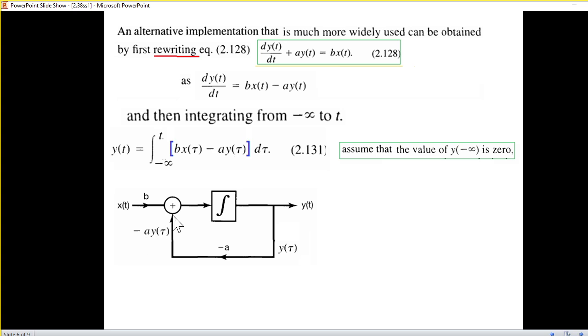So minus a y(tau) is the feedback. Both of these are fed to the integrator, and the output of the integrator is y(t). And to get the multiplication by minus a, we take the feedback loop, y(tau), multiplied by minus a, it will be minus a y(tau). So this is the circuit that will follow.